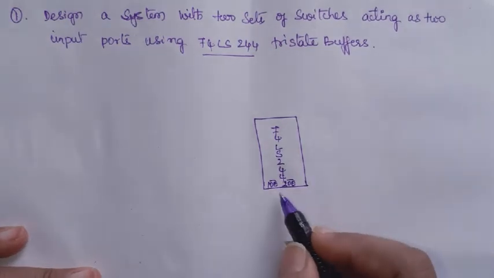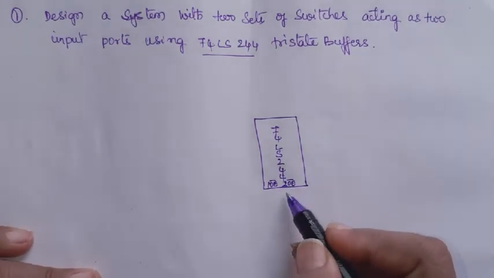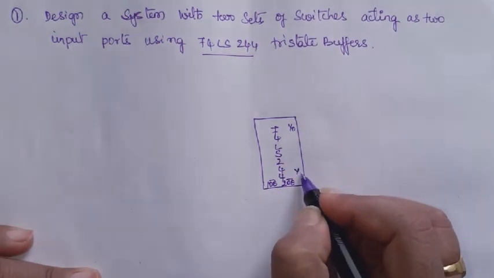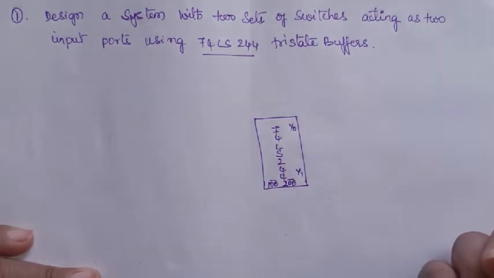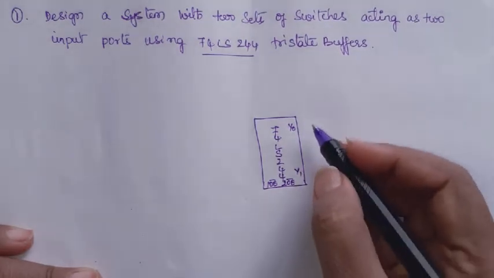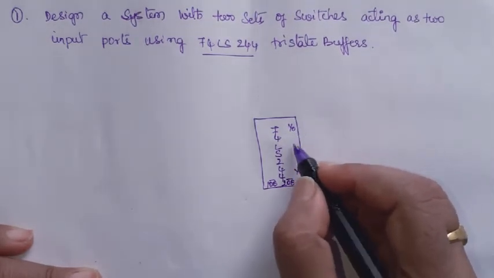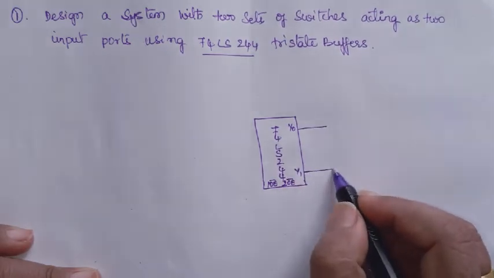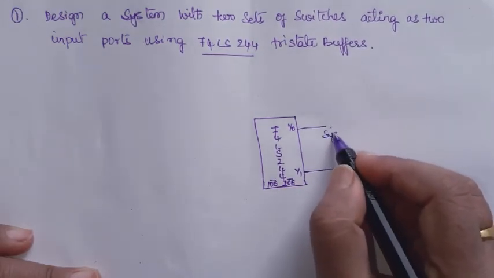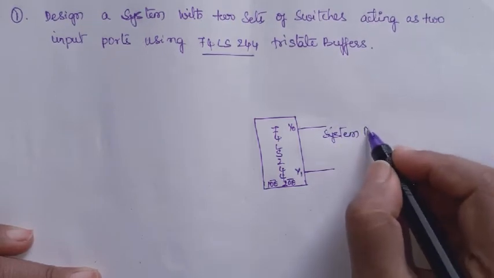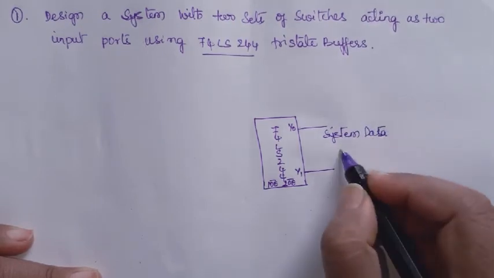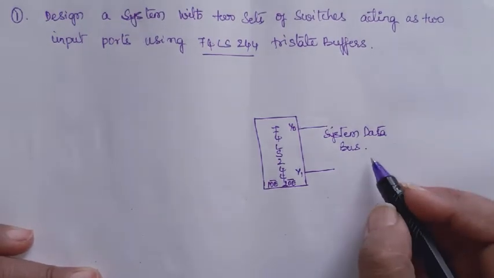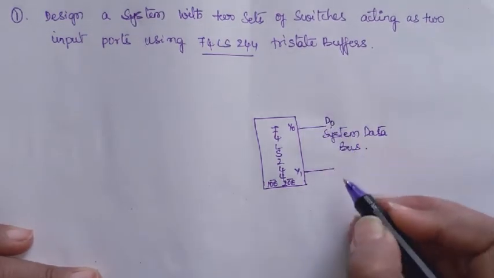It will have Y0 to Y7 outputs, and these are connected to the system data bus, that means the 8086 data bus, D0 to D7.